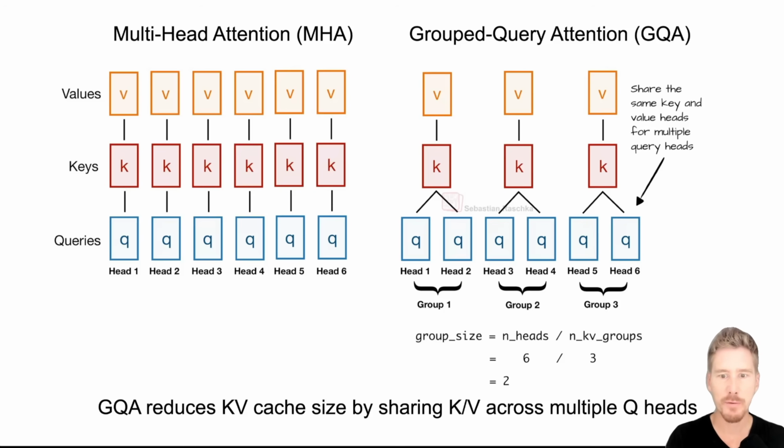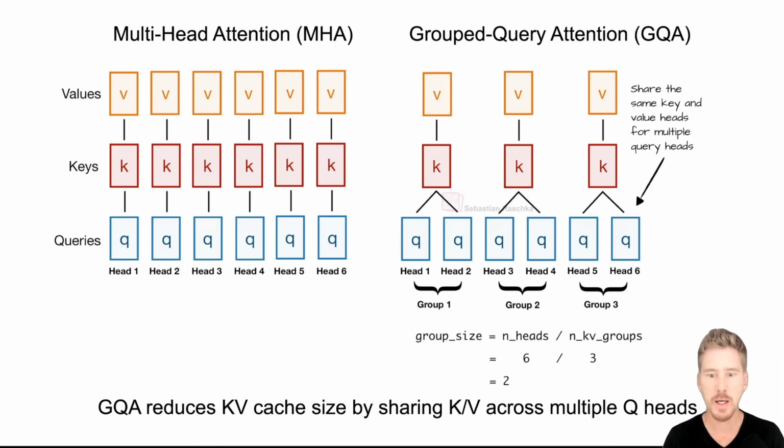That means we have fewer keys and values, and having fewer keys and values means that the KV cache, which is nowadays really a requirement in inference to make it feasible, will be much smaller because we have fewer things to store. If we look at the left-hand side, we have 6 values and 6 keys. On the right-hand side, we have 3 keys and 3 values. So we have essentially reduced the KV cache size by a factor of 2.